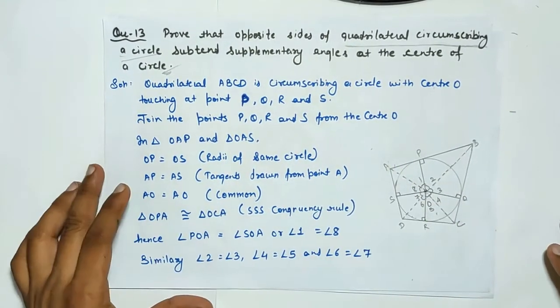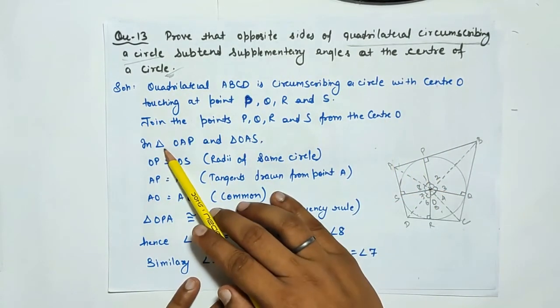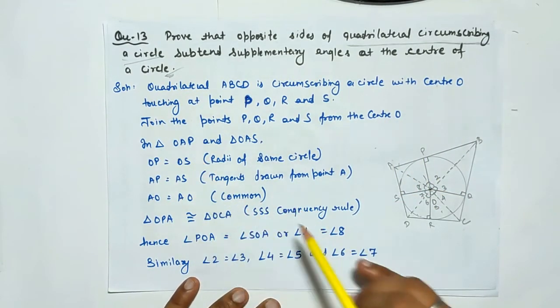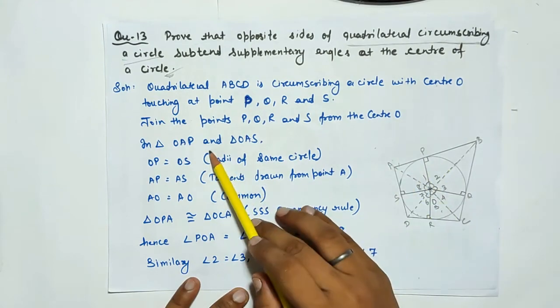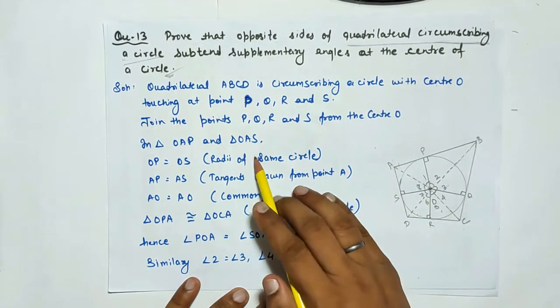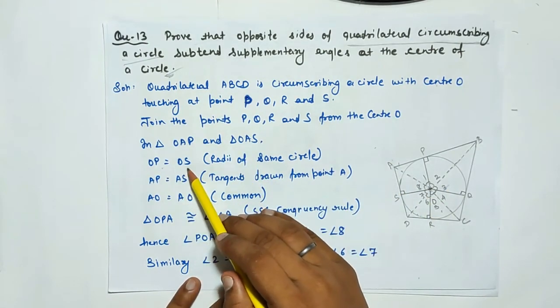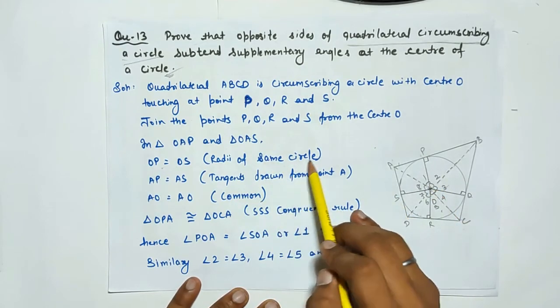Join the points P, Q, R and S from the center O. In triangle OAP and triangle OAS, OP is equal to OS because they are radii of the same circle.